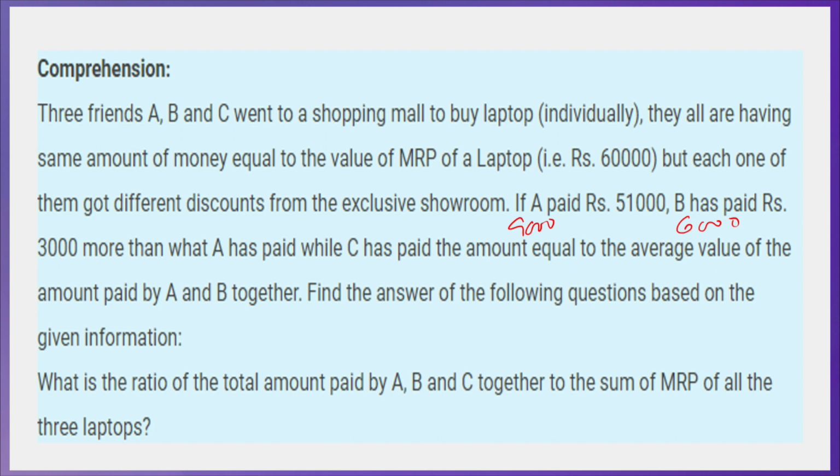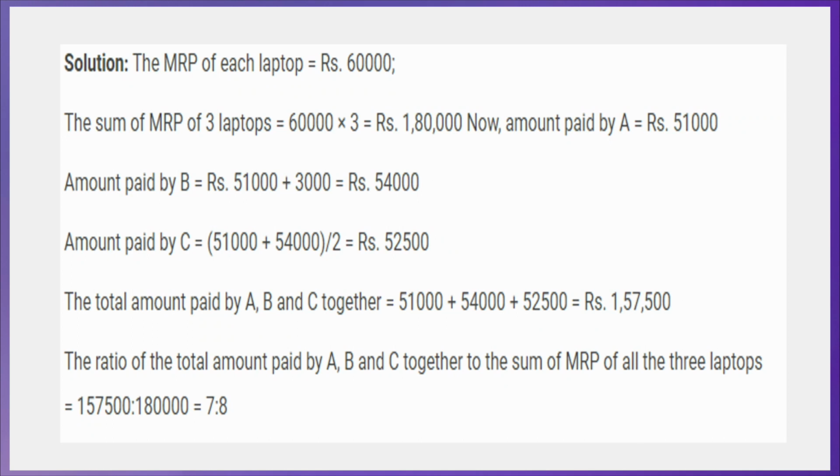What is the ratio of the total amount paid by A, B and C together to the sum of the MRPs of all the 3 laptops? See that. So, here the solution: the MRP of each laptop is 60,000. The sum of the MRPs of the 3 laptops is 60,000 into 3, that is 1,80,000. Okay.